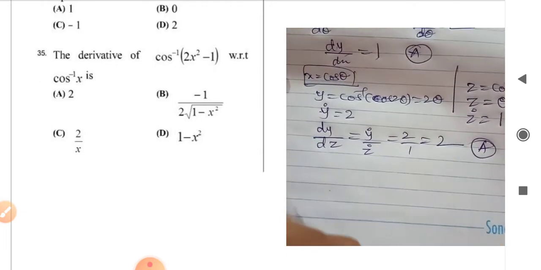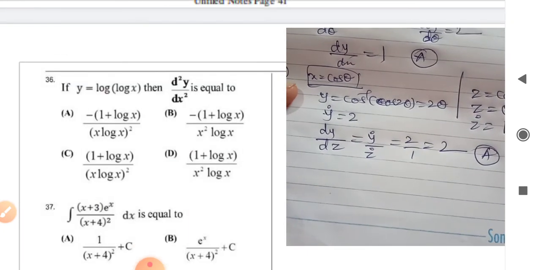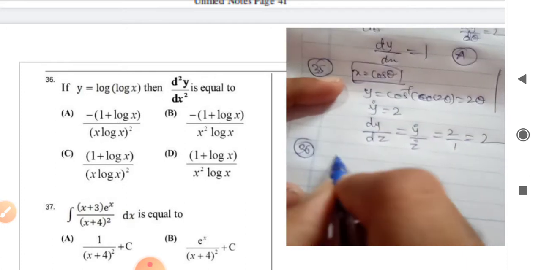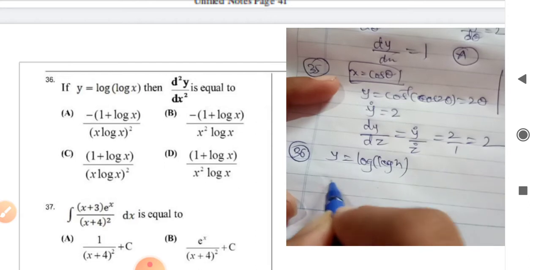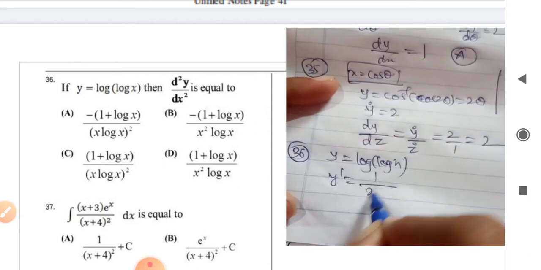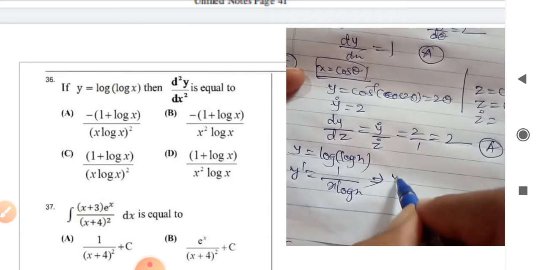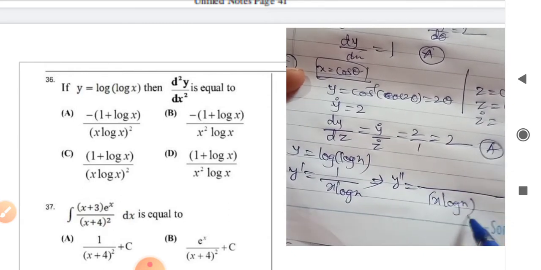Okay. Now the 36th problem is y equal to log of log x. Simply you go with the derivatives, it is a double derivative, you can say successive derivative also. Log of log x, you know y dash equal to 1 by x into log x, it is correct. And this implies that when you go with the double derivative, simply the denominator goes to square, x log x whole square.